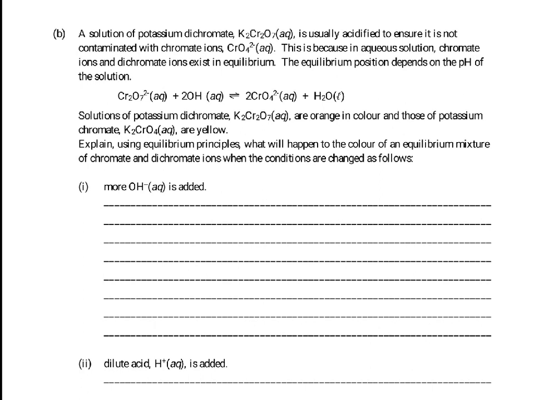So if you add more hydroxide, what you're doing is you're adding more hydroxide, which is affecting the reactants. So this is a concentration question. So what you've done is you've increased the concentration of OH minus. According to Le Chatelier's principle, it doesn't like that you've done this, so it's going to try and minimize the change.